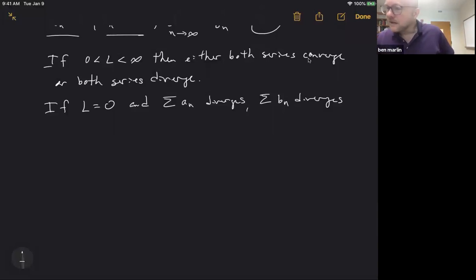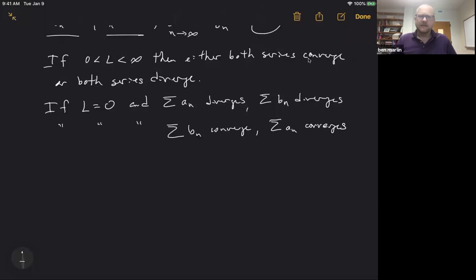But if your L is 0 and you know that the ones you're dividing by converge, then the ones that are being divided have to have a smaller growth rate, and that means that they have to converge as well. Converges. Okay.